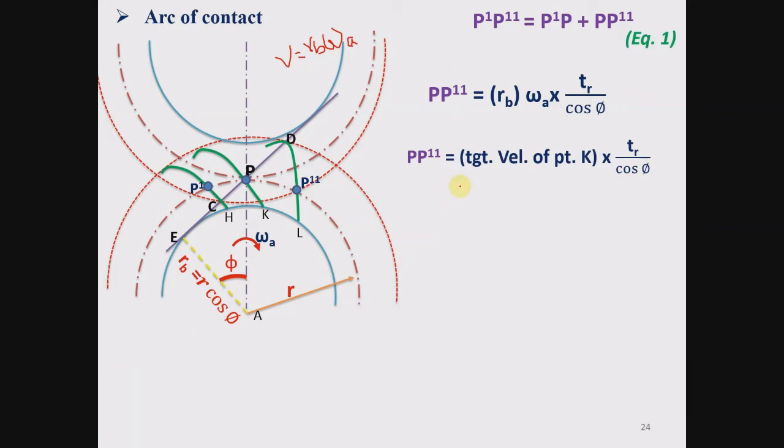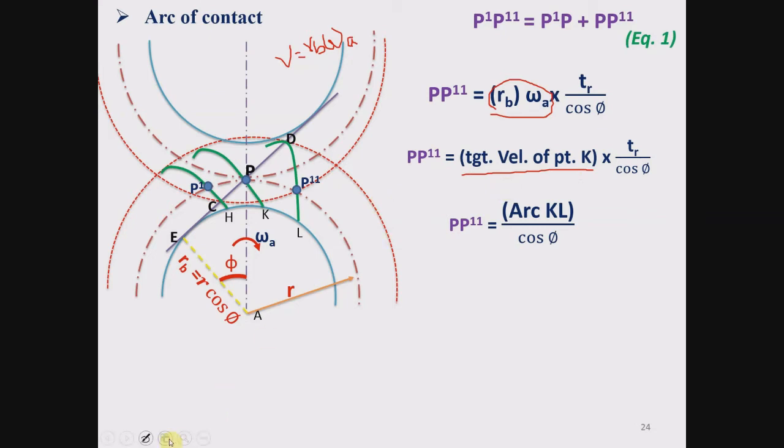Linear tangential velocity of point K is this much. Okay, so write down this distance or arc length P double dash is equals to tangential velocity of point K into TR upon cos of phi.